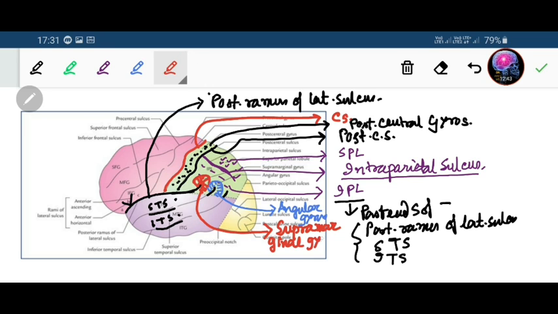Supramarginal gyrus and angular gyrus. So these are the important features in the superolateral surface of the parietal lobe.